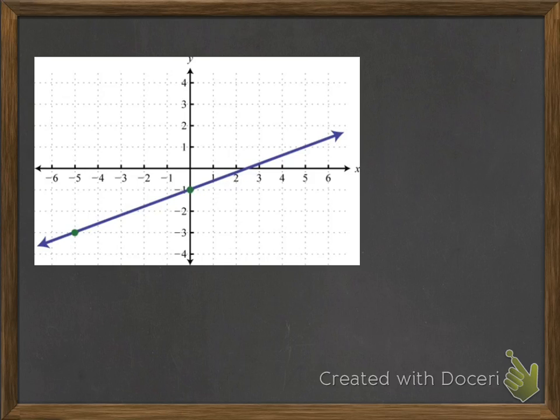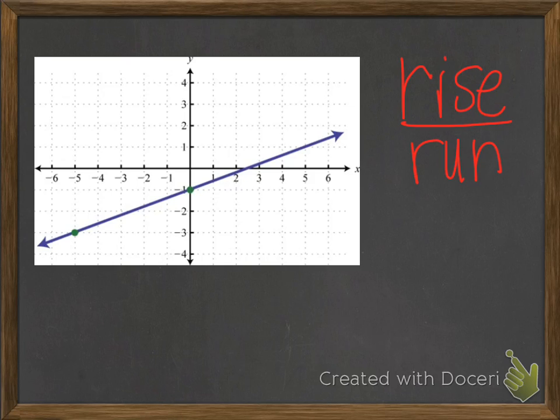You should also be able to find the slope of a line by looking at a graph. So say you're given this graph, still change in y over change in x, but one of the easier ways to think about it is rise over run.